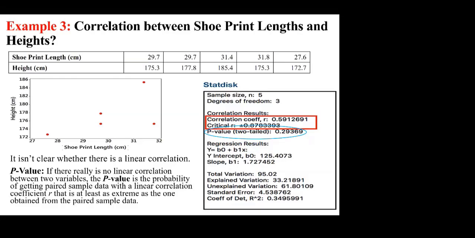Now, if you look at the information on the right side that has been given to us by technology, in this case StatDisk, if you run the data, one of the values that it gives you is the p-value. And normally you compare it to the specific choice of alpha. Again, what is alpha? Probability of making a type 1 error. We're going to discuss that in later chapters. It's put here. I want you to at least have an idea how that works.